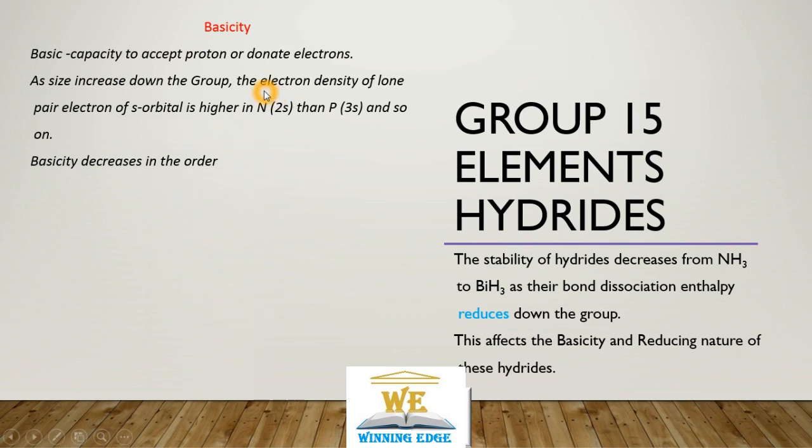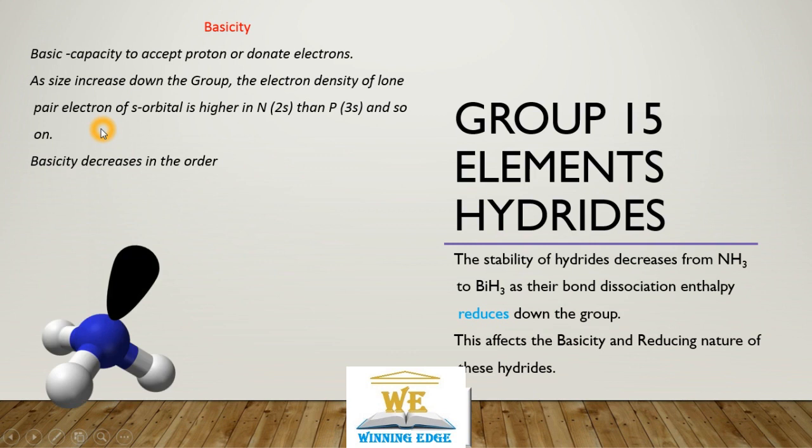The electron density of the lone pair in the s orbital is higher in nitrogen than phosphorus, and so on. Their basicity is only because of the lone pair of electrons, but electron density reduces down the group. So basic character, what happens? Higher electron density means the basic character will be higher.